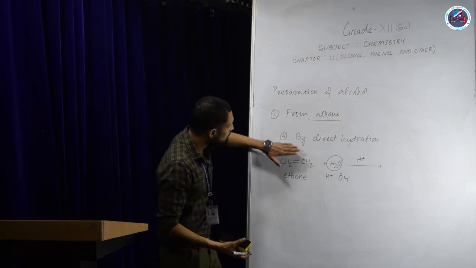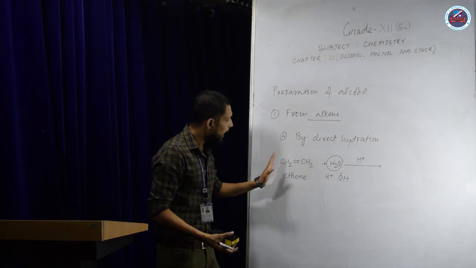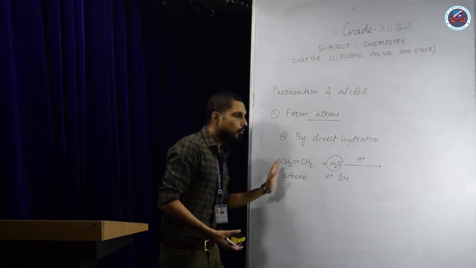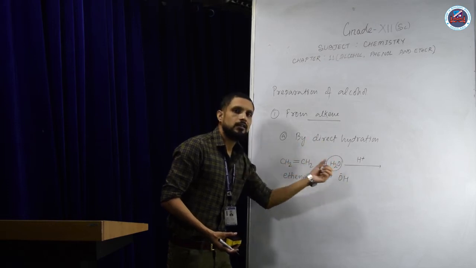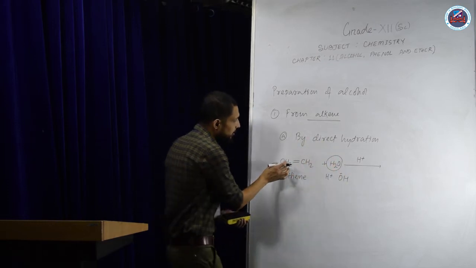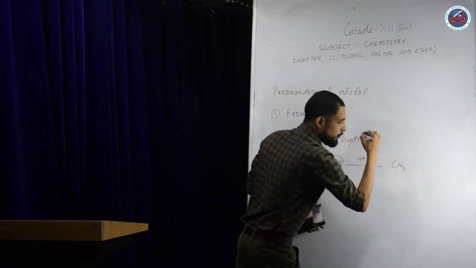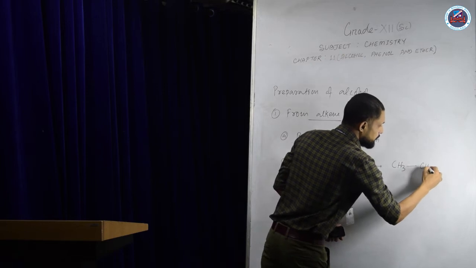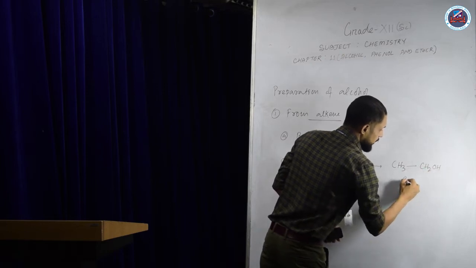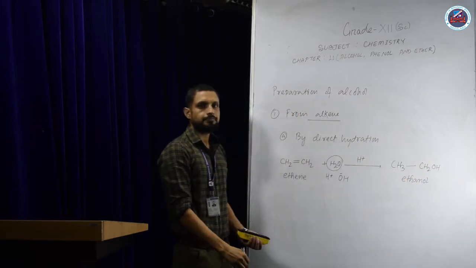So, in alkene, the pi bond will be removed and one of the carbon will get the positive part, whereas the other carbon will get the negative part. Say this carbon gets the positive part, so it will become CH3, single bond CH2OH.